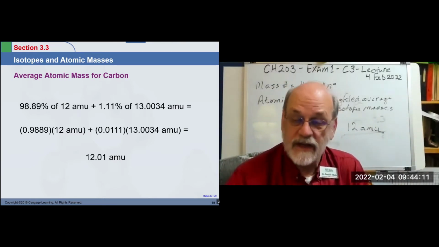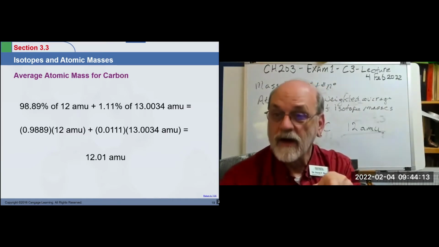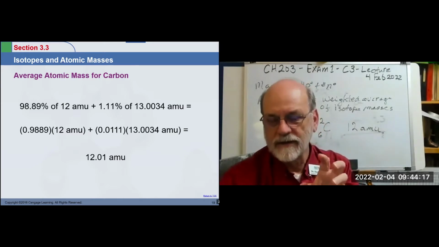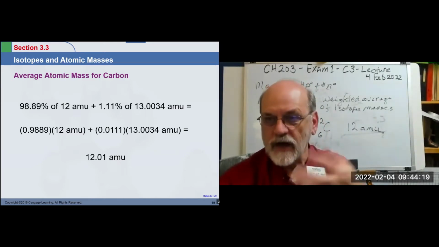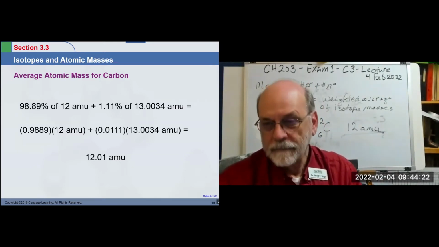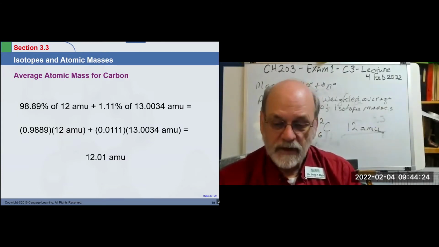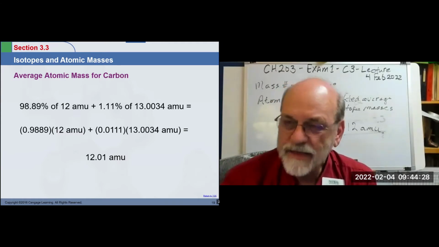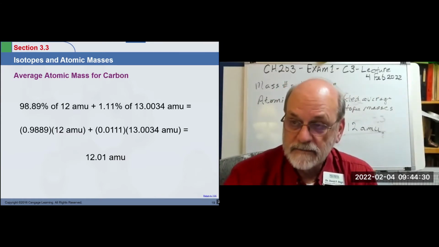And the reason, as I just showed you here, is that it is a weighted average of the naturally occurring abundance of isotopes. Now, I mentioned chlorine earlier. The value for chlorine is about 35.5.